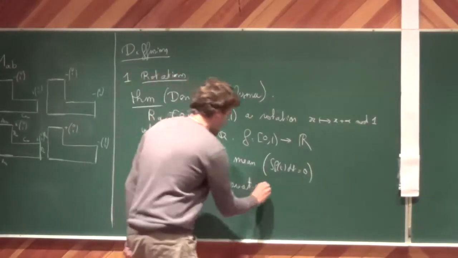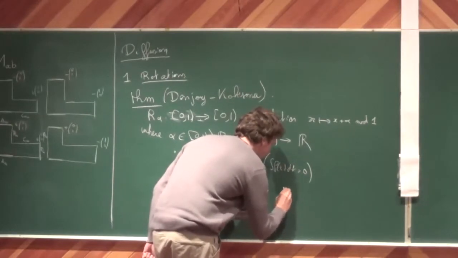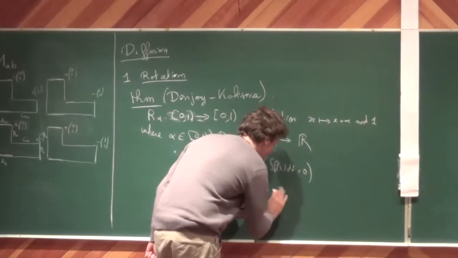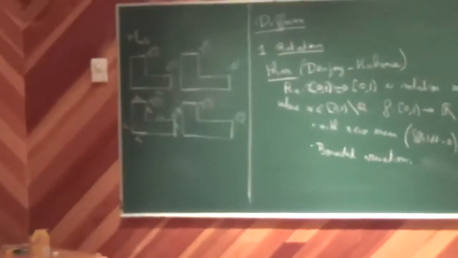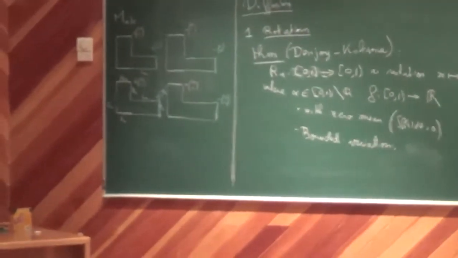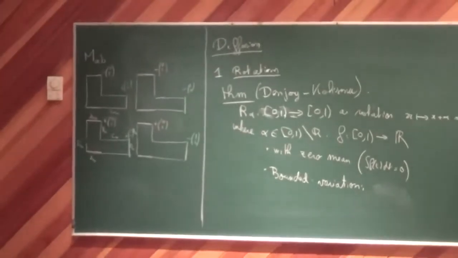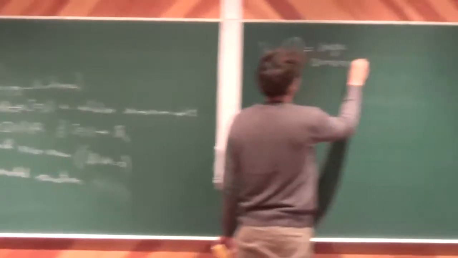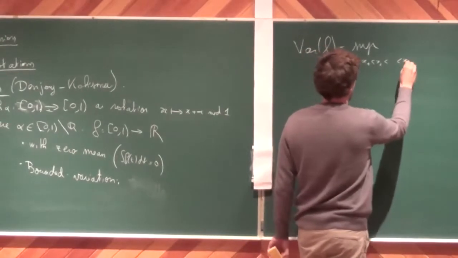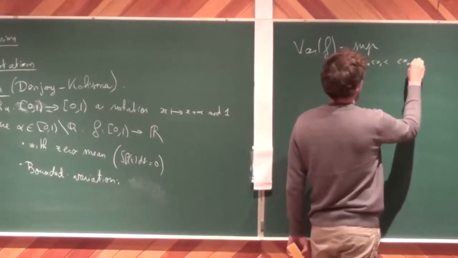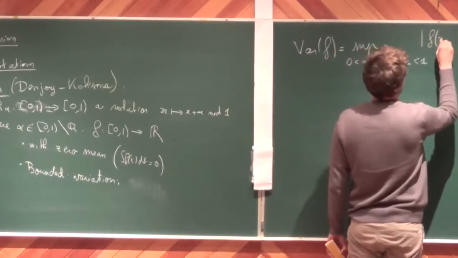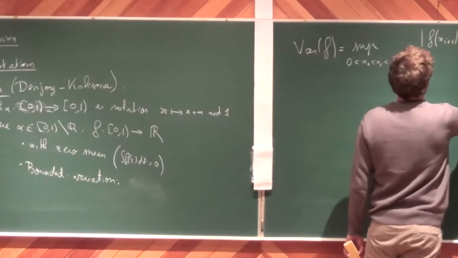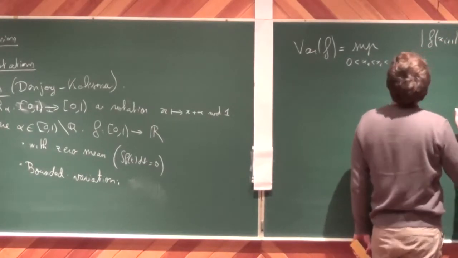So what is it? You want that the variation of f, which is the supremum over all possible x_n, so you pick all increasing sequences and you look at successive differences, and you want this to be defined.